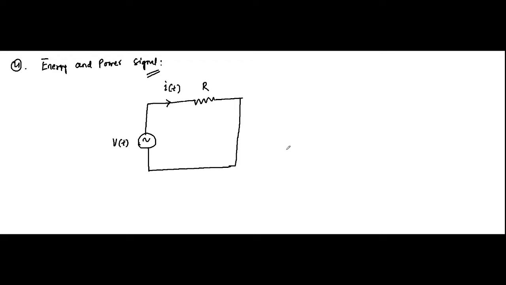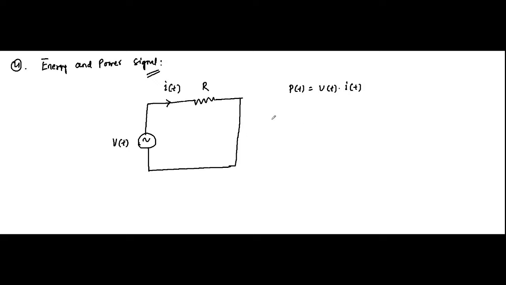Here the instantaneous power drop across this circuit, because of this voltage drop across the resistor, is simply the product of voltage and current.